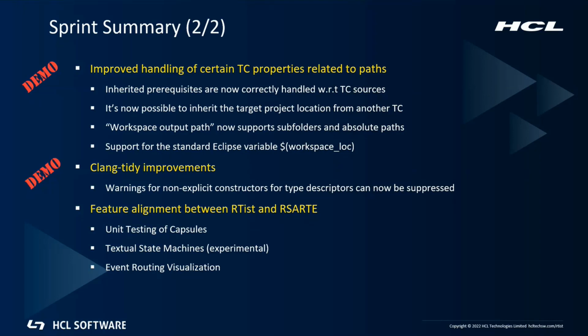We extended the support in the workspace output path property so that it supports subfolders and also absolute paths. And last but not least, we have support for the standard Eclipse variable $workspace lock, which can be used if you want to reference something relative to the workspace location. And that also works in the generated make files. For example, if you want to include some header file relative to the workspace location, that is now possible.